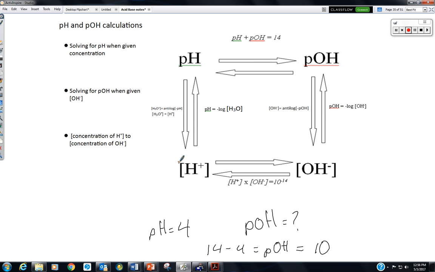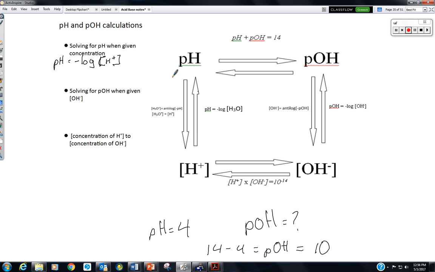Now, if we are given the concentration of hydrogen, and we want to solve for pH, pH is equal to the negative log of the concentration of H plus. Now remember that H plus and hydronium are the same thing, H3O plus.